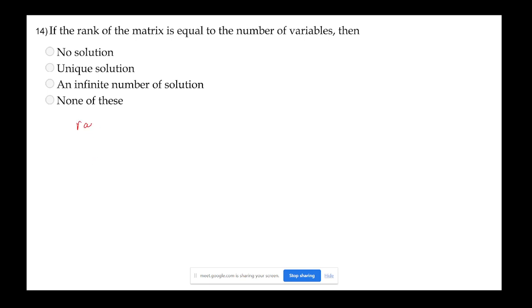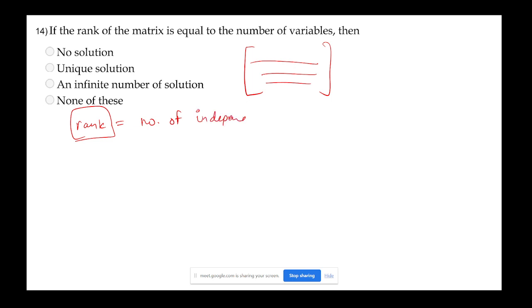So rank of a matrix is nothing but, all the equations you write in the form of a matrix, here rows. So rank represents the number of independent rows or columns.